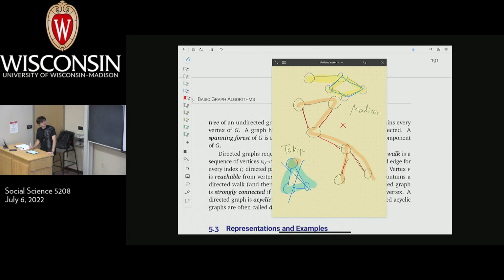So here in this picture, the spanning tree are these red edges. It's a tree. It doesn't have any cycles. And it's touching every single node, and it's connected. So it's a connected acyclic subgraph of our graph G. And so it's called a spanning tree.